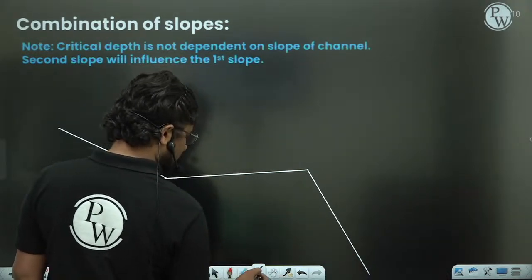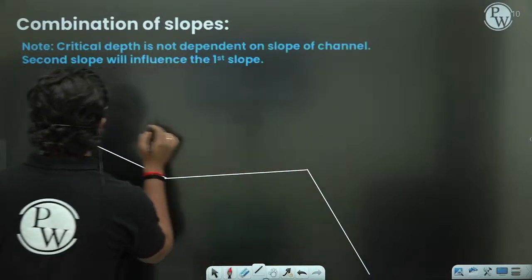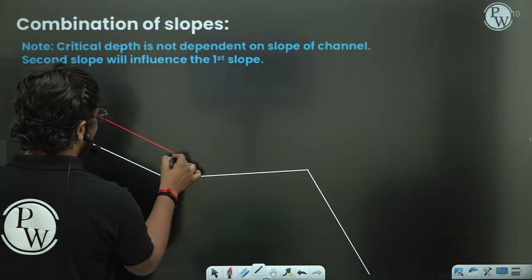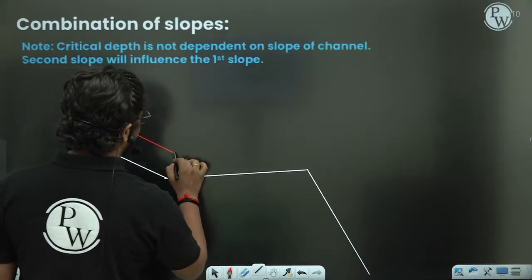As I told, your NDL line will always be the same. It will not be dependent on any type of slope.